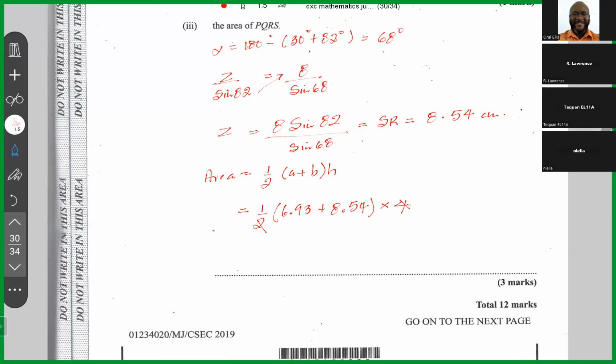And if I put this in my calculator and press equal, I'm going to get an area of 30.9 centimeters squared. The area of the entire trapezium is 30.9 centimeters squared.